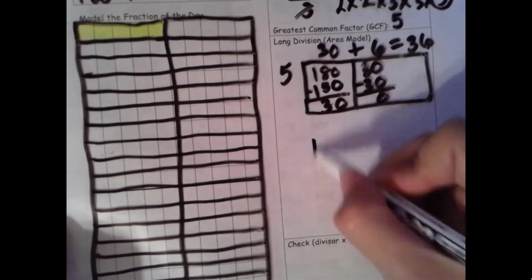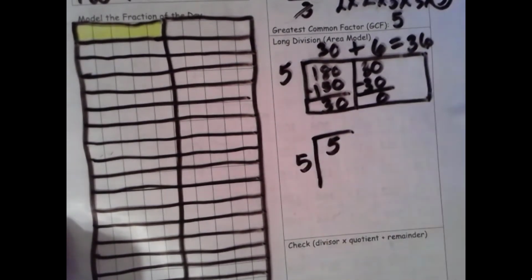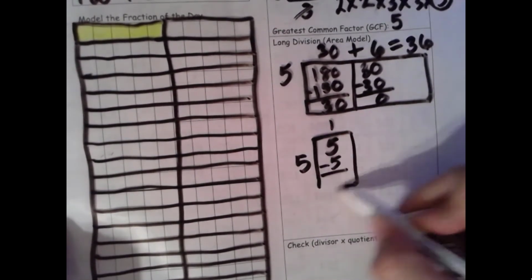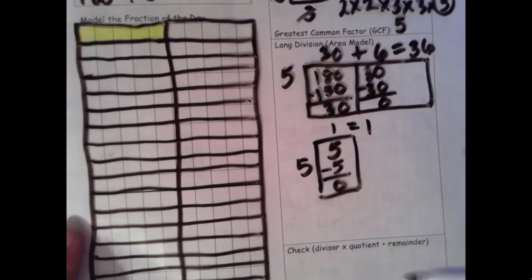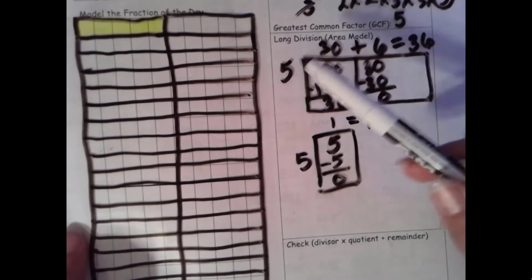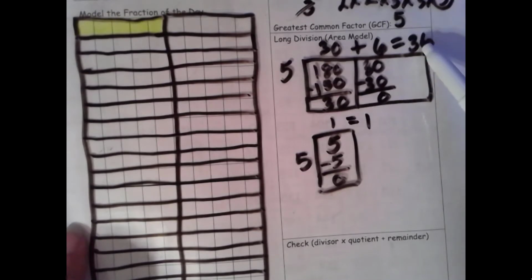Okay. So 5 times 1 is 5. We get 0. So our quotient here is 1. But no matter which way we would divide, we always want to check with our inverse operation. And our inverse operation says that I'm going to multiply my divisor times my quotient, and I'm going to add my remainder.